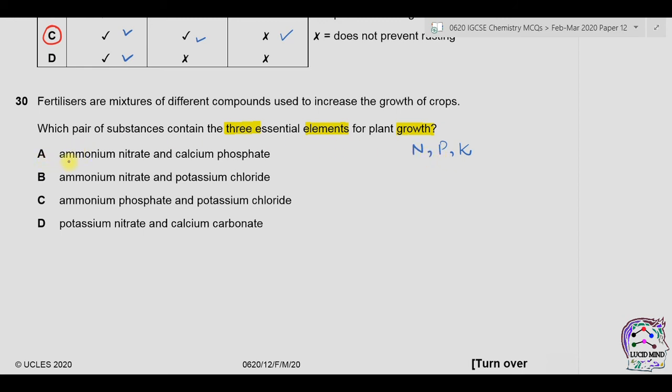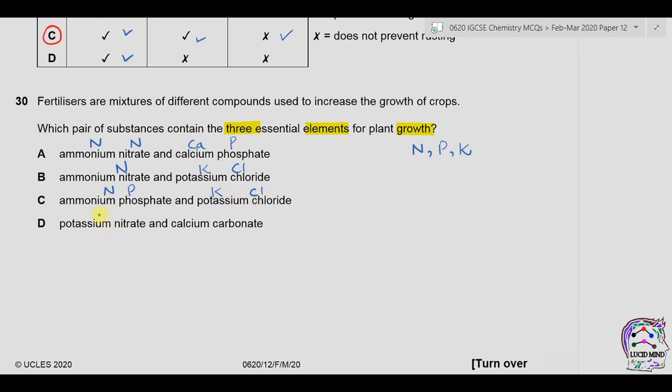So we have A, ammonium nitrate. From ammonium we have nitrogen and also nitrogen from nitrates. Calcium phosphate, so we have calcium and phosphorus. B is ammonium nitrate, again nitrogen, and potassium chloride. C is ammonium phosphate, so we have nitrogen, phosphorus, potassium and chloride.